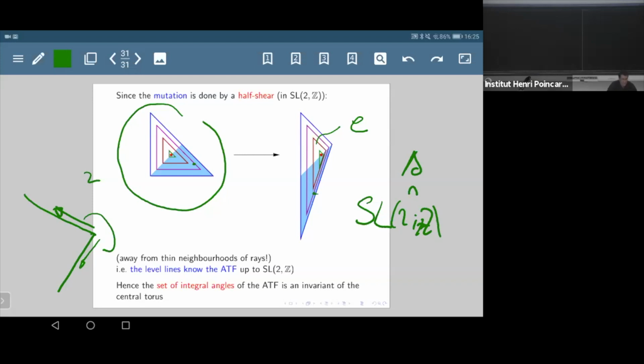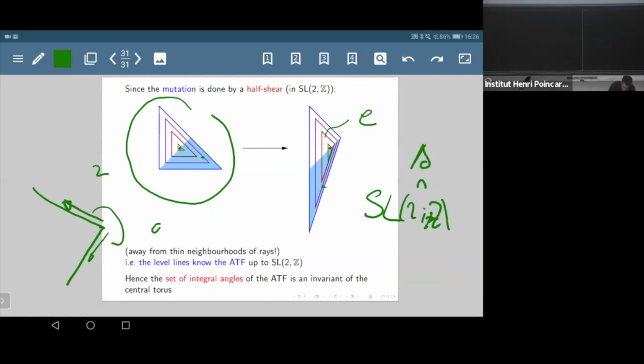If you take an SL2Z map that takes this vector to E1, it has length 1. And so what's the integral angle again? The integral angle is the determinant of U and V, if this is U and this is V. And this is SL2Z invariant.